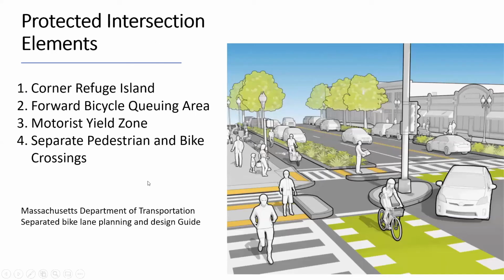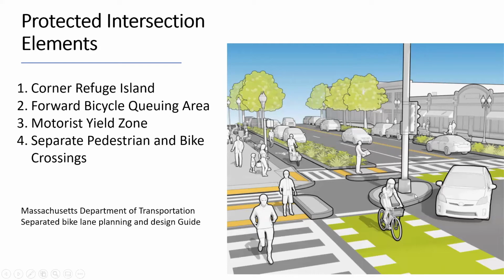An alternate, new infrastructure for the bicycle lane is protected intersections. This is an image of a protected intersection, just an example geometry. As we can see, it has many elements for increased safety, increased width for the bicycle to ride.